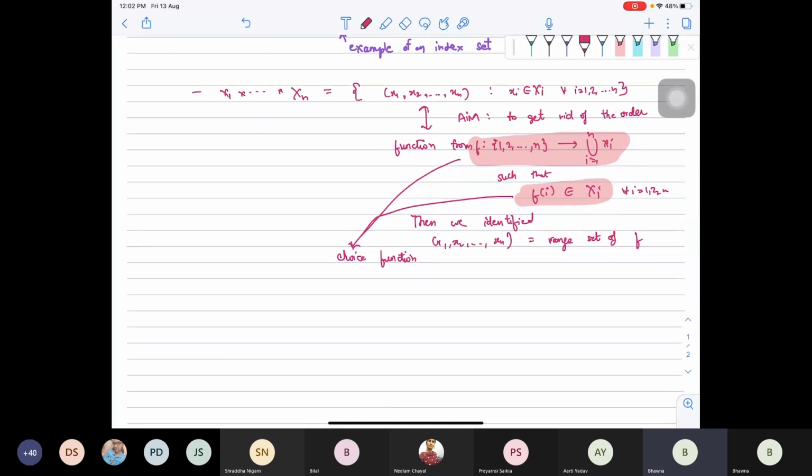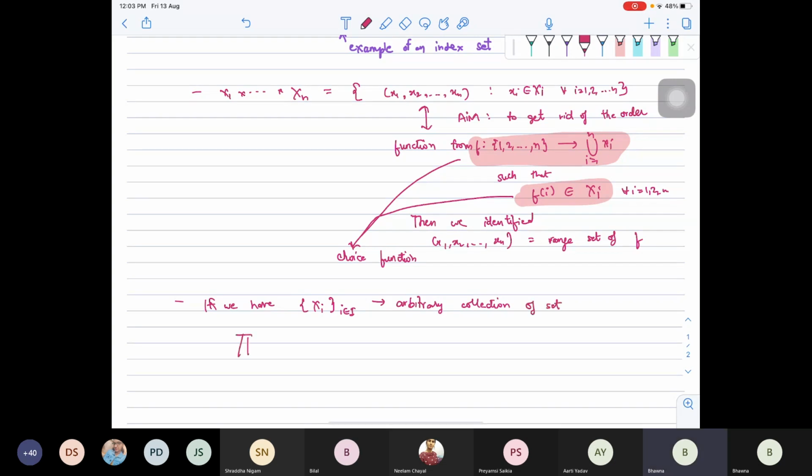Okay, so from there we defined, if we have a collection of arbitrary sets xi, i belongs to I, then we define the product of these xi's to be the collection of all the choice functions.